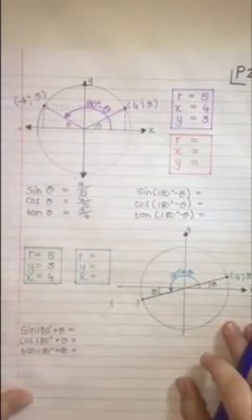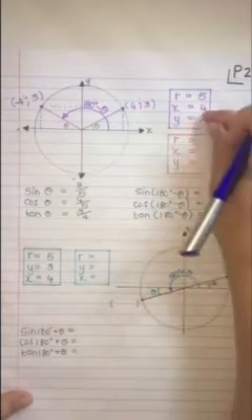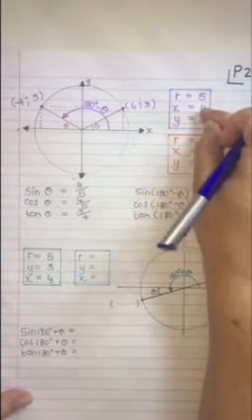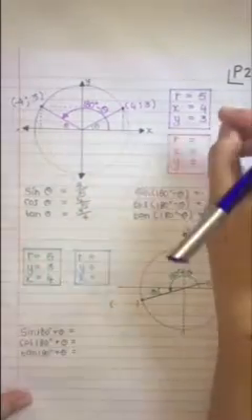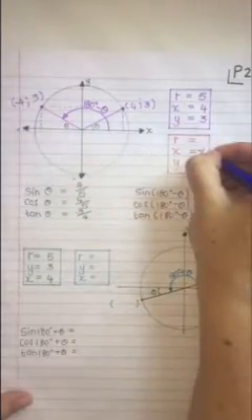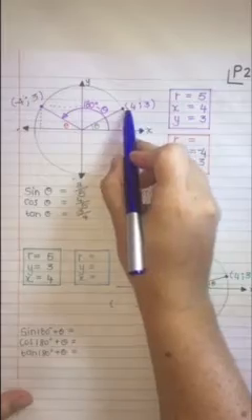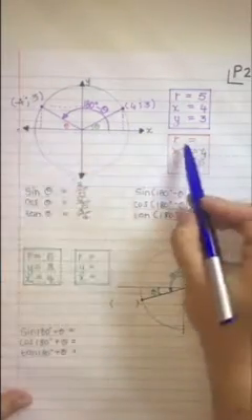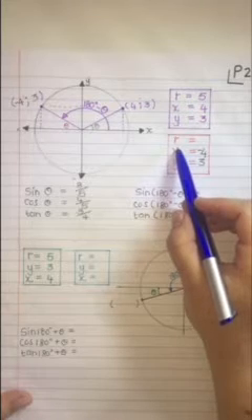Then I drew your blocks here just to show you that you always need your little x, y, and r blocks, because you need all three values. So x here is minus 4, y is 3. This block goes with that point. And r, guys, r will be the same.